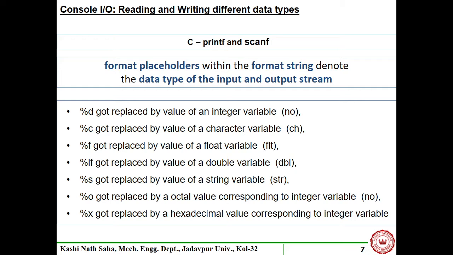So when we are using percent d, d for a digit, say, this stream is replaced by an integer value. Then percent c, c for character. This input or output stream is replaced by character variables.